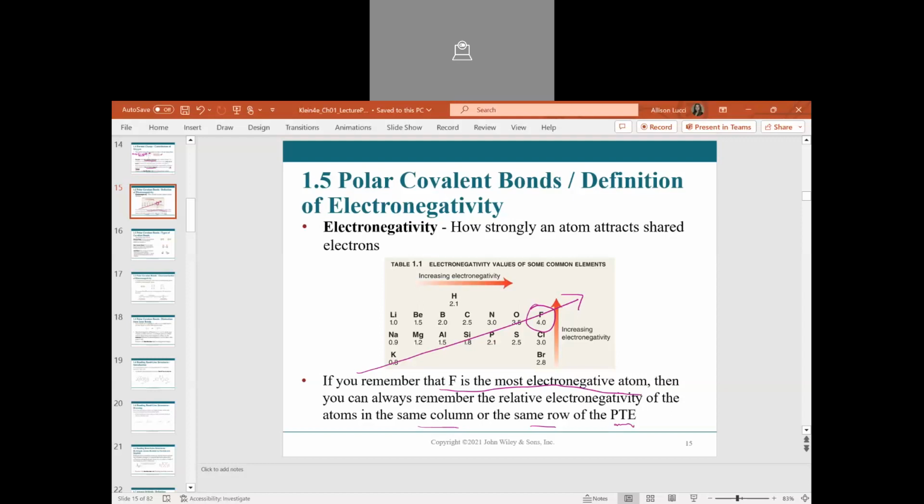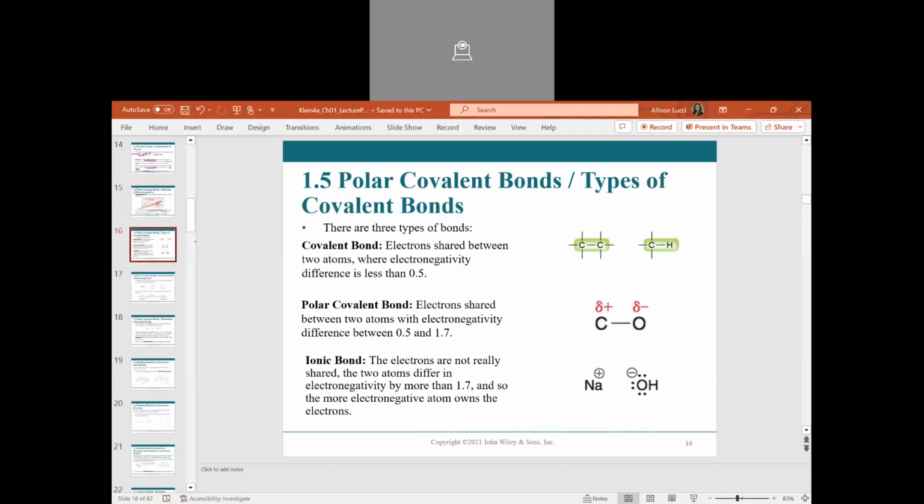But to determine whether or not something is a bond that's considered covalent, polar covalent, or ionic, you would need to have specific values. You actually subtract one value from the other to find the difference, right? The delta EN, the difference in electronegativity between the two atoms.